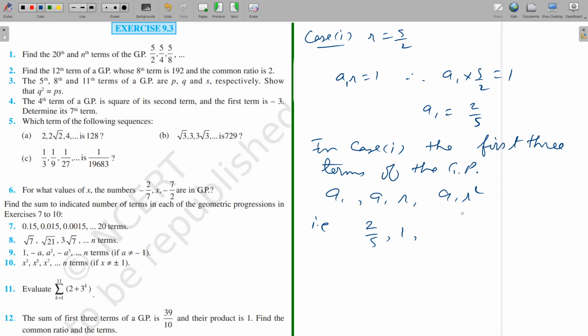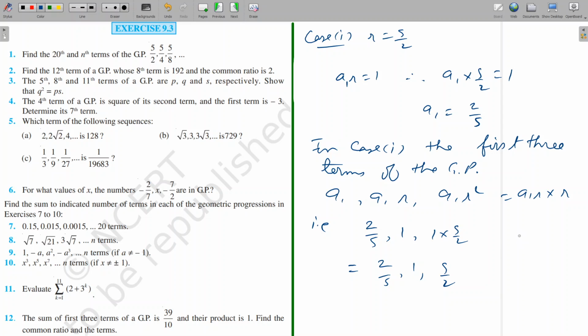And A1R square can be written as A1R into R. What is A1R? That is 1. So A1R square is 1 into R. What is R? R is 5 by 2. So the terms are 2 by 5, 1, 5 by 2. So this will be our case 1.